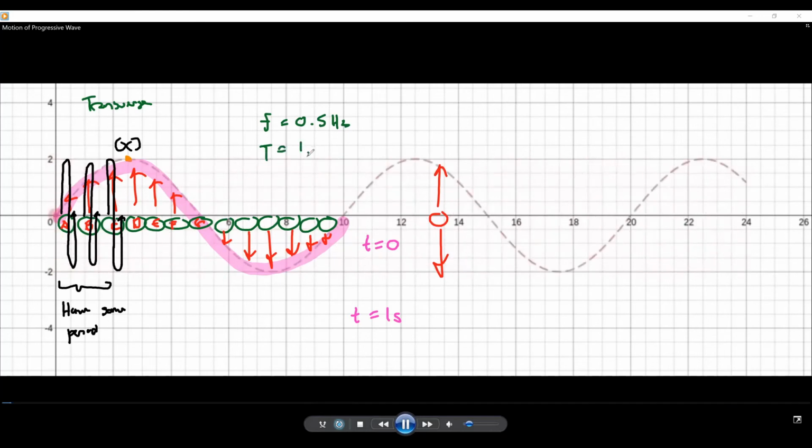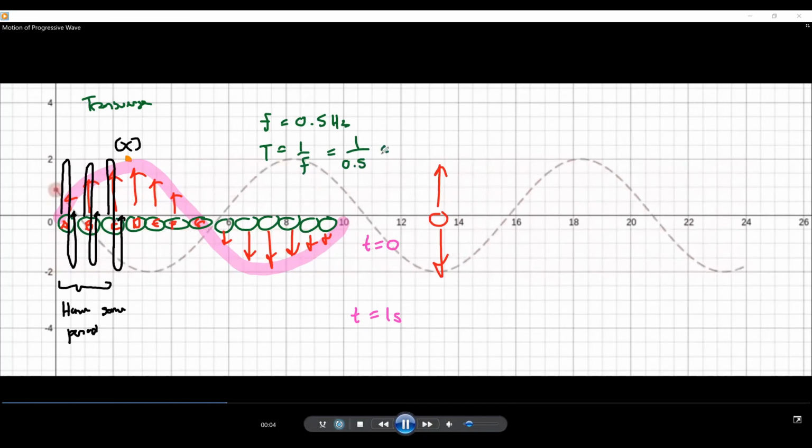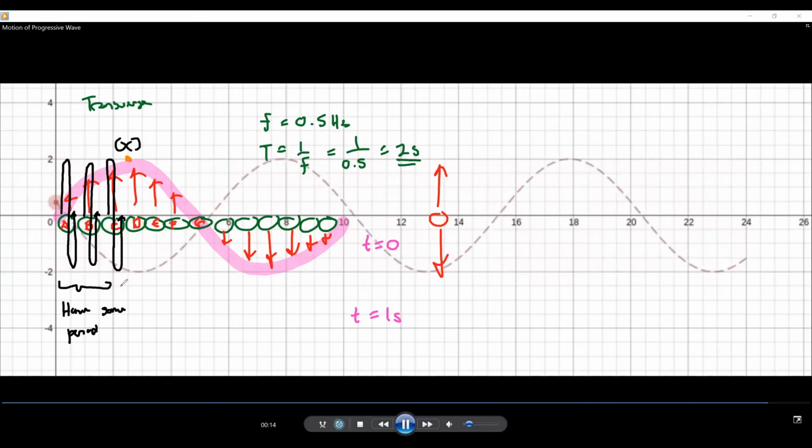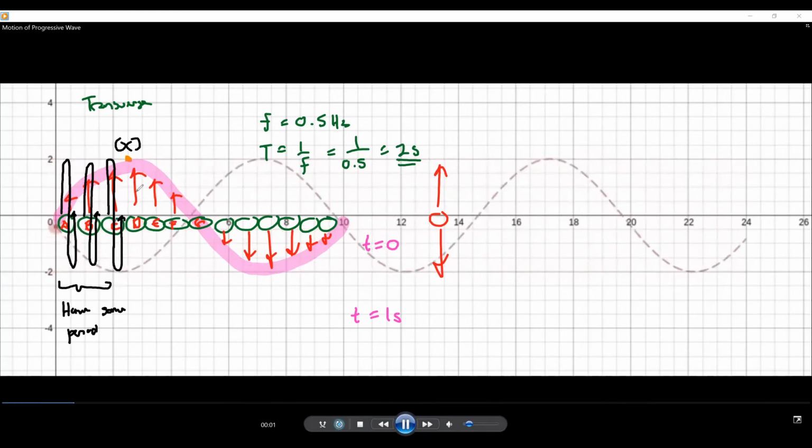Period is 1 over f. So 1 divided by 0.5 will give you 2 seconds.